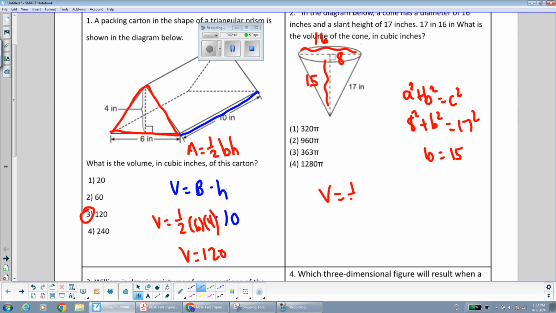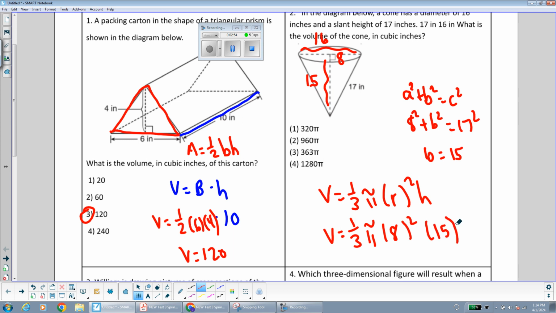So volume of a cone is 1/3 pi r squared h. So that is 1/3 pi 8 squared times 15. I'm going to put just the numbers into my calculator. So I'm putting in 1/3 times 8 squared times 15. And I got 320 pi inches cubed.